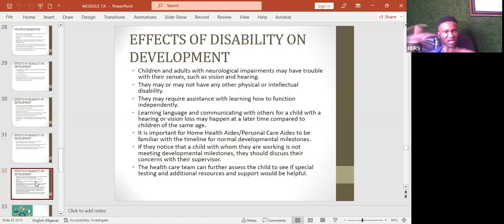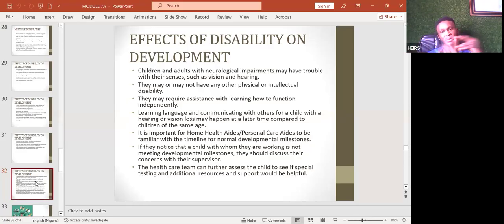Having issues with their senses, the vision is impaired, or hearing is impaired, or olfaction, that is smelling, is impaired, or tasting is impaired, or feeling is impaired. So they may not have any other physical or intellectual disability, but they will require what? Assistance with learning how to function independently due to all these disabilities.